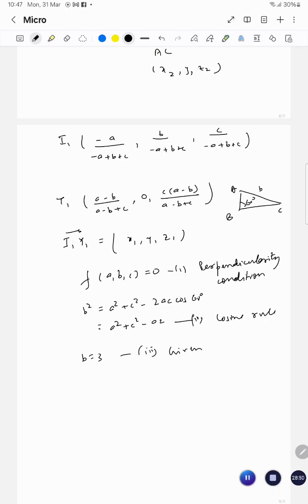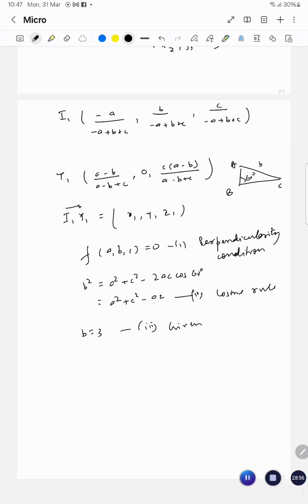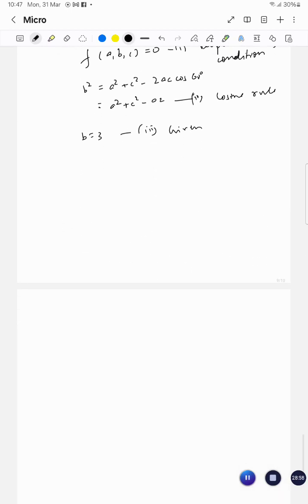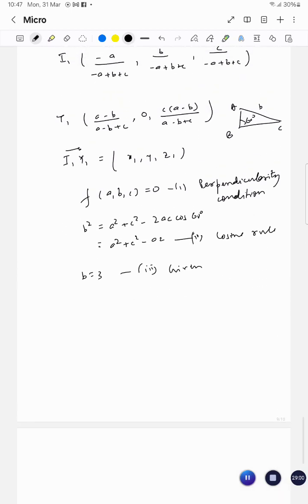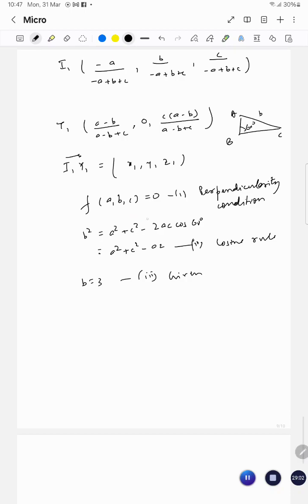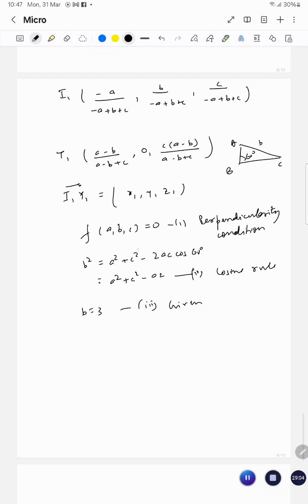So there are three non-linear equations, and they can be solved, though it gets slightly messy. So the answer is A is root 6 plus 1 and B is equal to 3, and C is equal to 2 or root 6 minus 1.